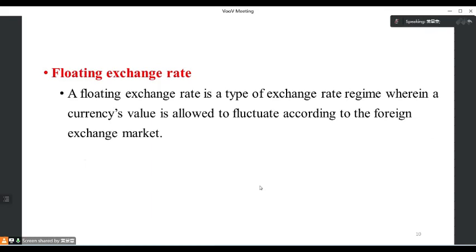Floating exchange rate. A floating exchange rate is a type of exchange rate regime wherein a currency's value is allowed to fluctuate according to the foreign exchange market.